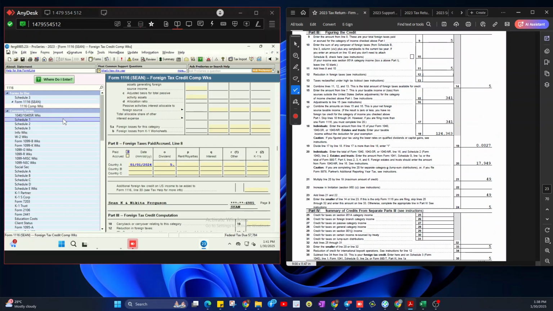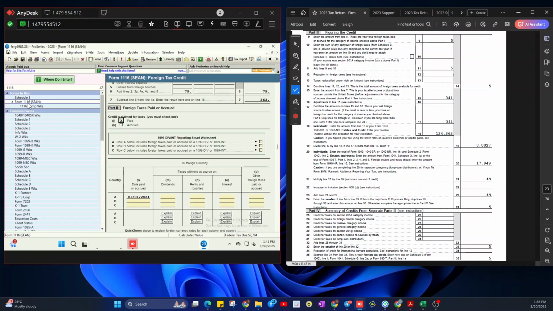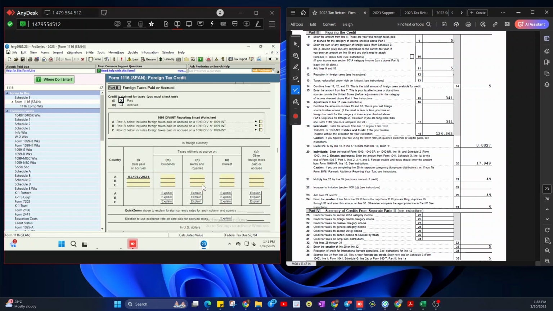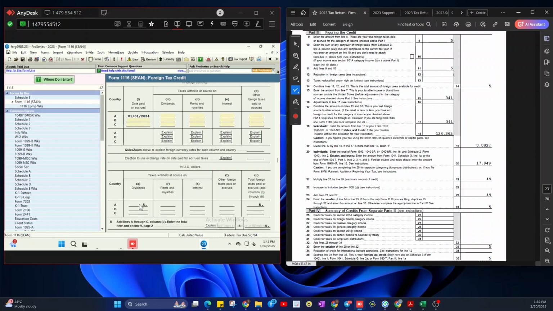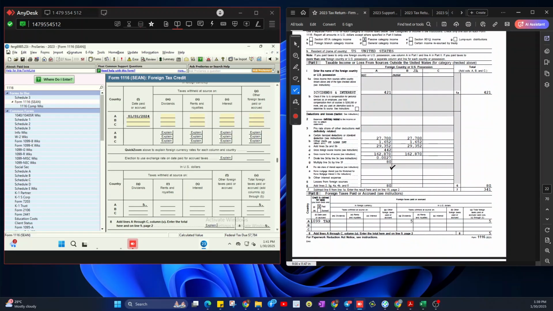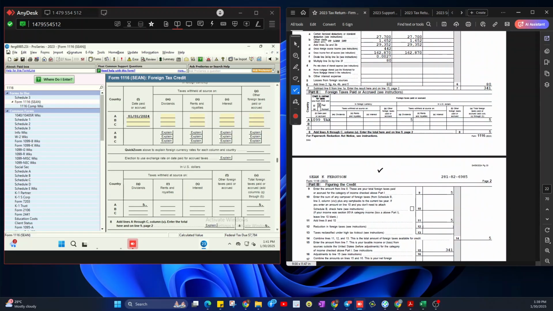In the foreign taxes paid, I put it under dividends. Okay.